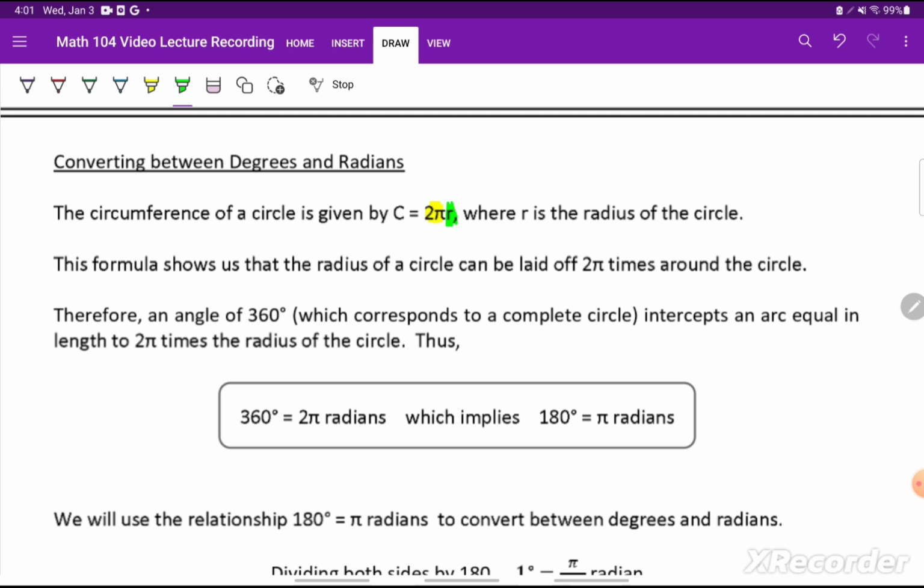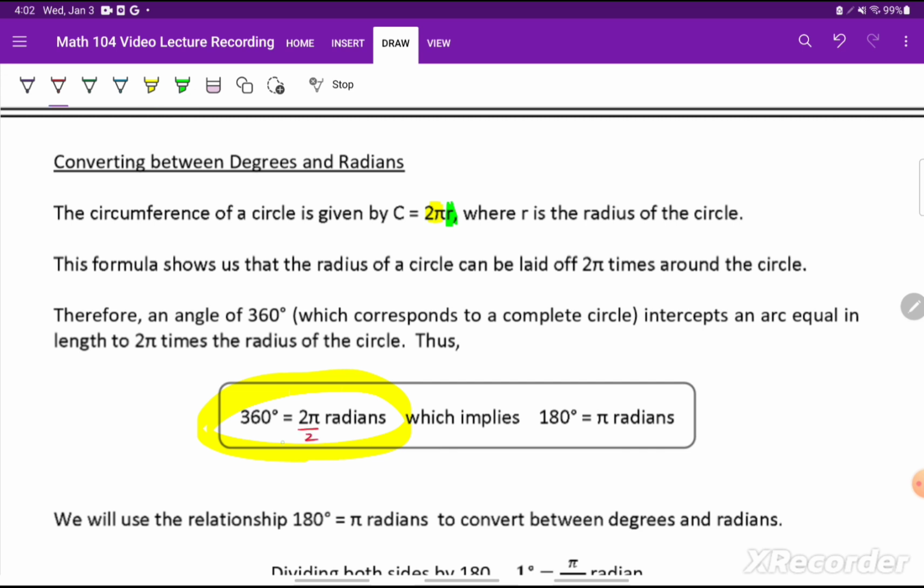Therefore, an angle of 360 degrees, which corresponds to a complete circle, intercepts an arc equal in length to 2 pi times the radius of the circle. So, putting those two ideas equal to each other, we get that 360 degrees is equal to 2 pi radians, and that's going to be important for us.